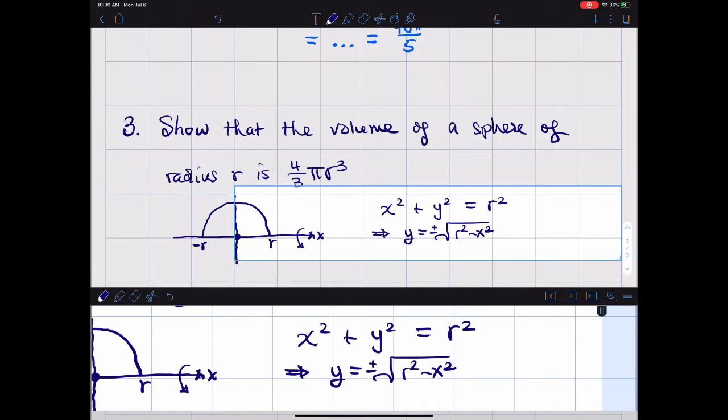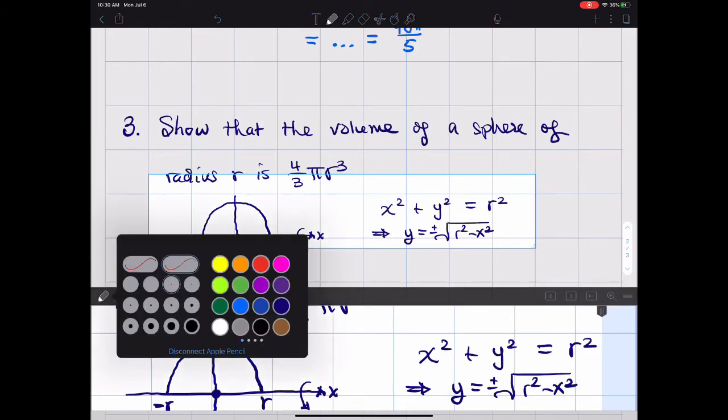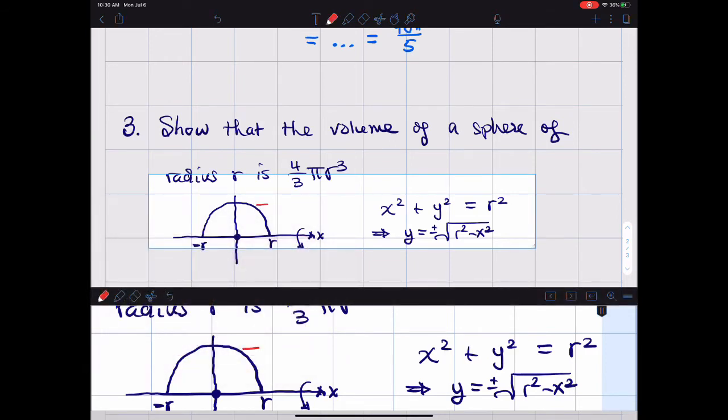Okay? So we only need one of these functions. We don't need both of them. So we take the top one, and the top one is y equals the square root of r squared minus x squared.